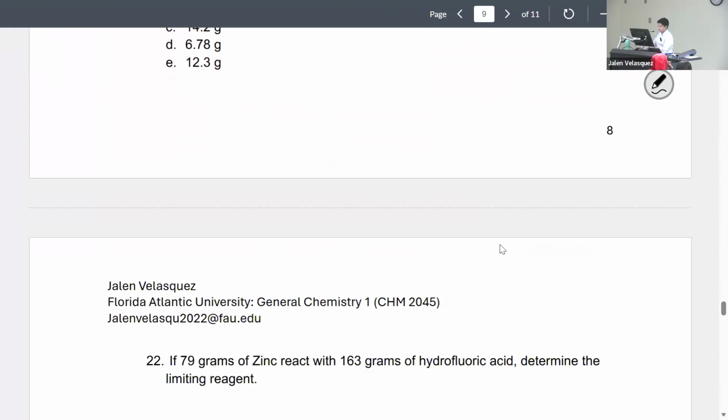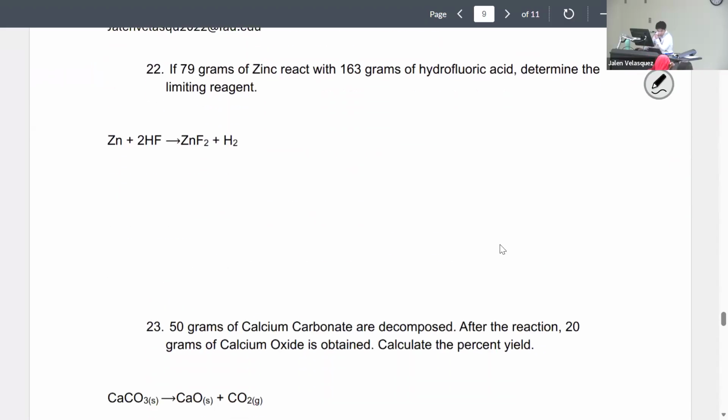All right. Number 22 says if 79 grams of zinc reacts with 163 grams of hydrofluoric acid, determine the limiting reagent. I'll give you guys a moment to go through this.